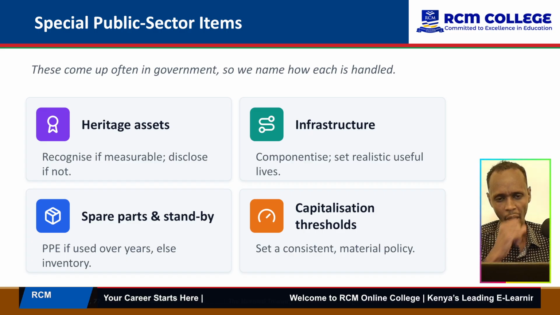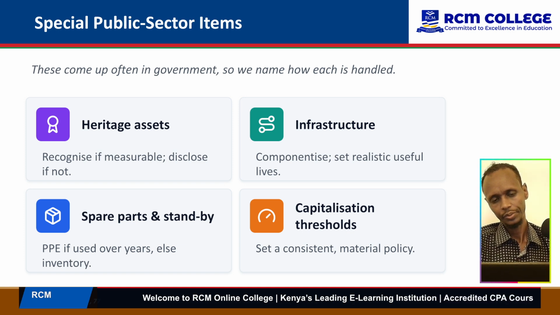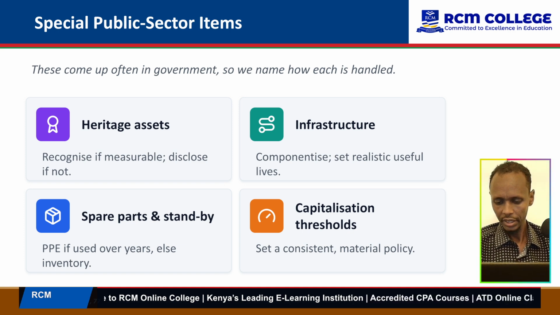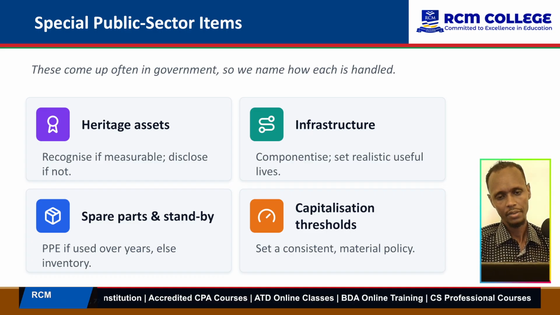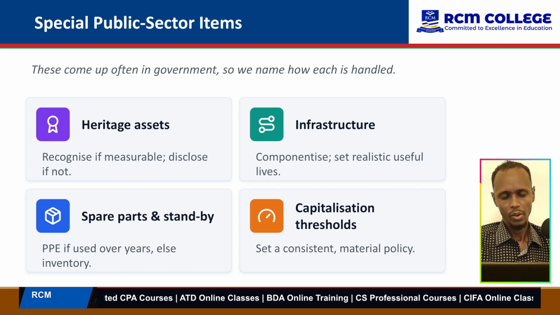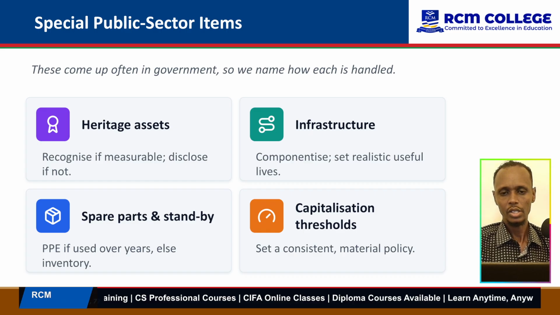We didn't buy them. Also, we cannot sell them in the market. We don't have a value we can attach to them. So IPSAS says we disclose.